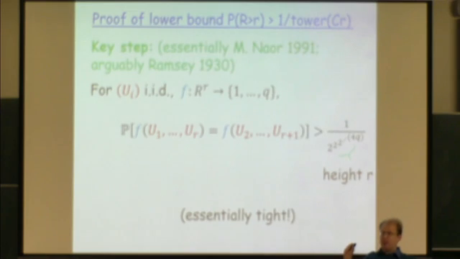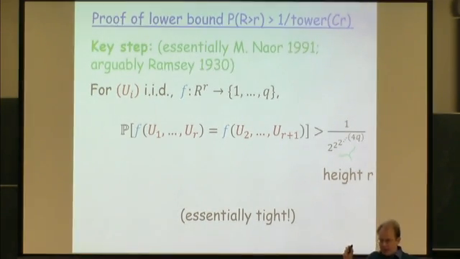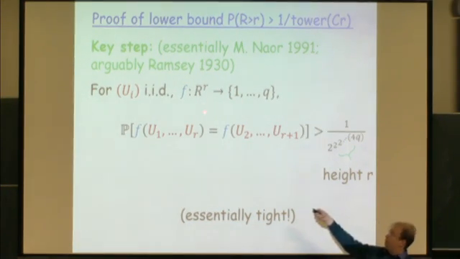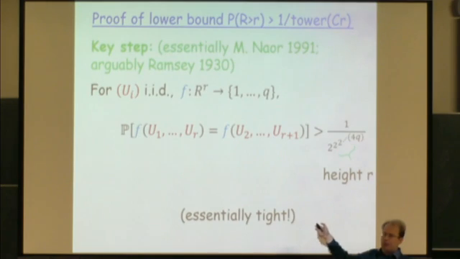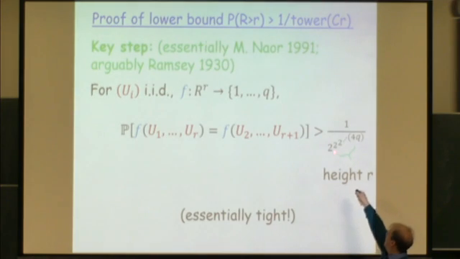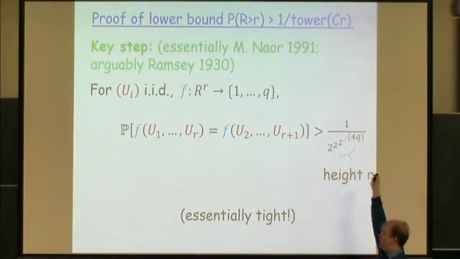So the claim is that they may be equal. With some positive probability, they may be equal, no matter what function you choose. That's not obvious. So this is positive, and furthermore, there's an actual explicit lower bound on it, which is essentially a tower of height r with a q somewhere at the top.